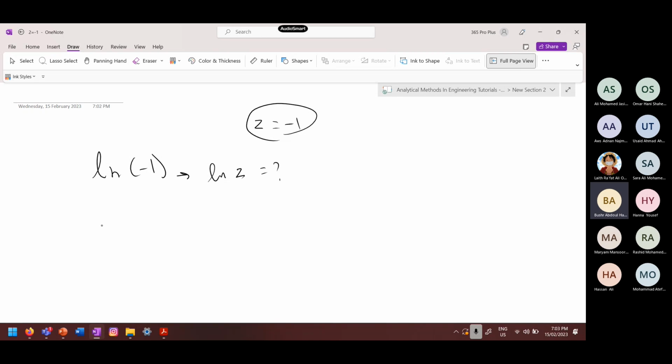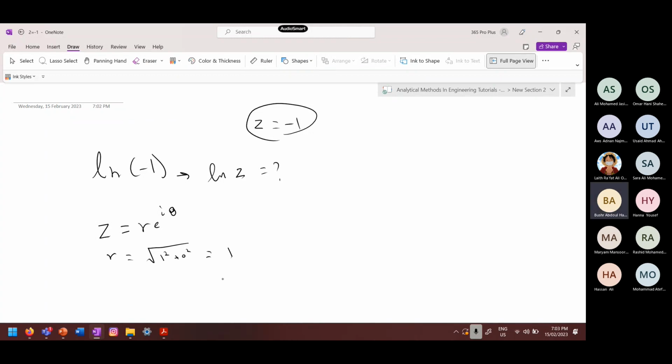The first thing that you're going to do is change Z to the polar form, which is r e to the power i theta. Okay, we need to find r. r is just the magnitude of the imaginary and the real part. The real part is just 1 squared, and the imaginary part is 0 squared.